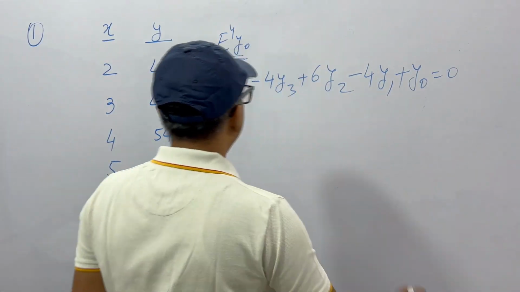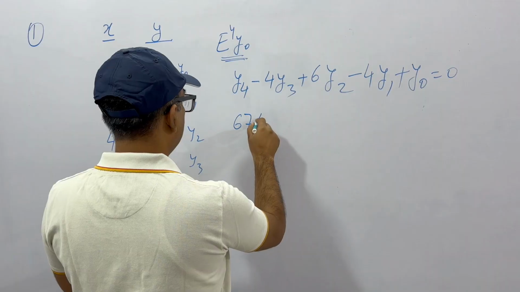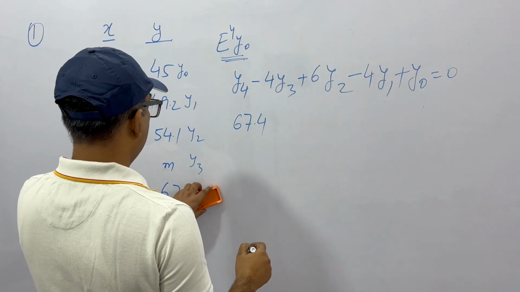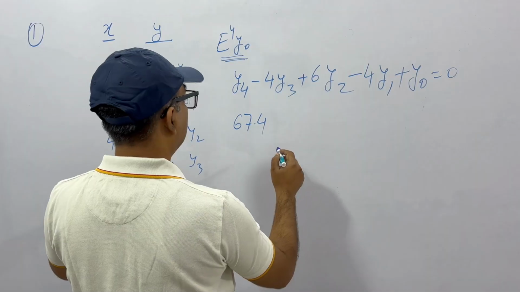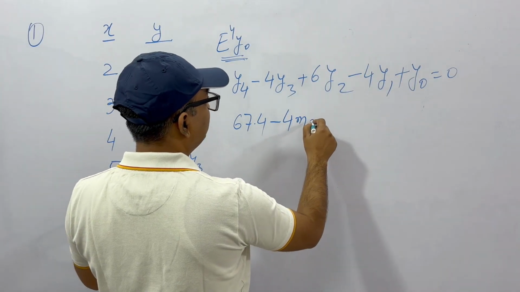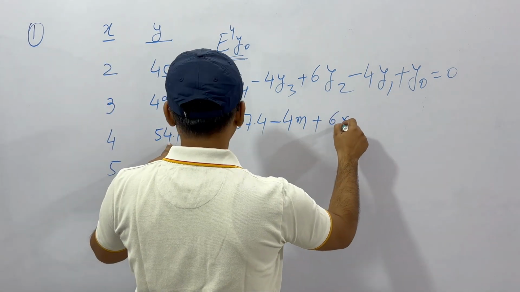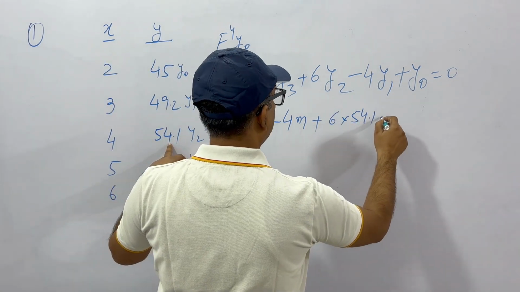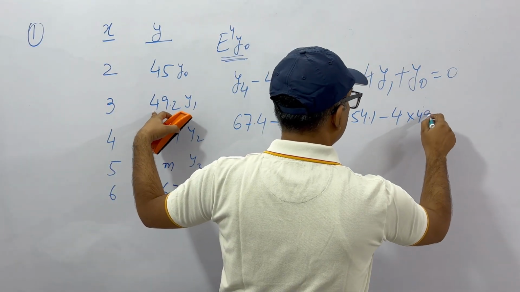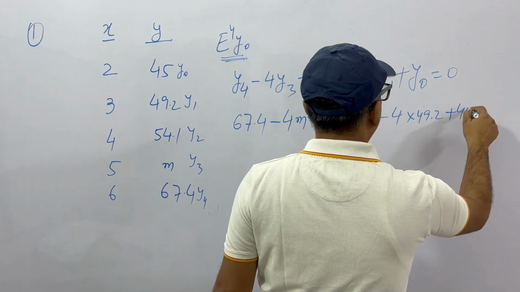Okay. We have these values. y4 is 67.4. See, this is y4. Then 4y3, where y3 is m, the missing term, plus 6y2. This is y2, 6 into 54.1, minus 4 into 49.2, and finally plus 45 equal to 0.